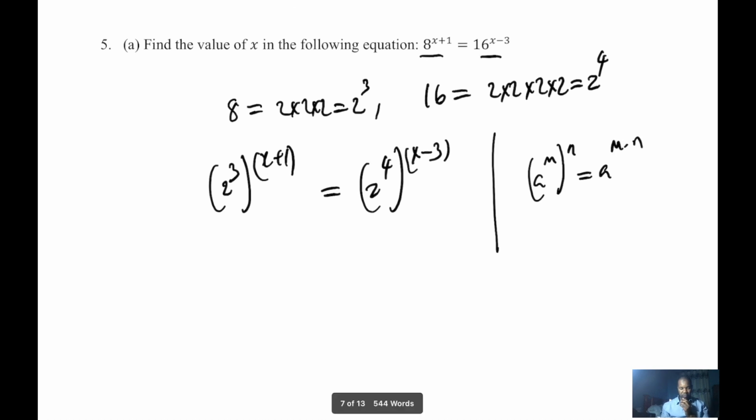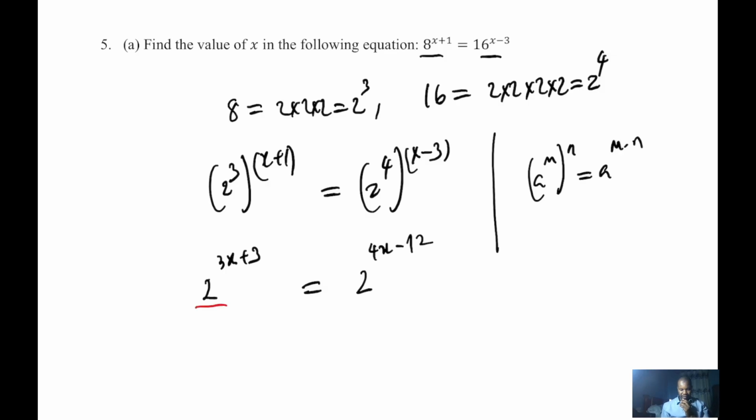So by using the same rule, we are going to open the brackets. We have 2 power 3x plus 3 equals 2 power 4x minus 12.